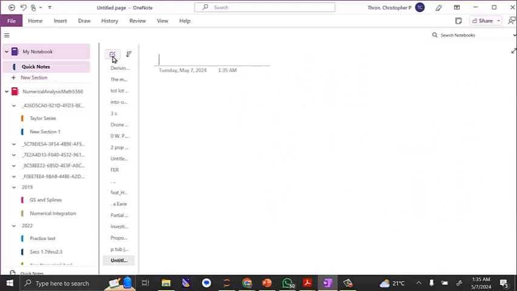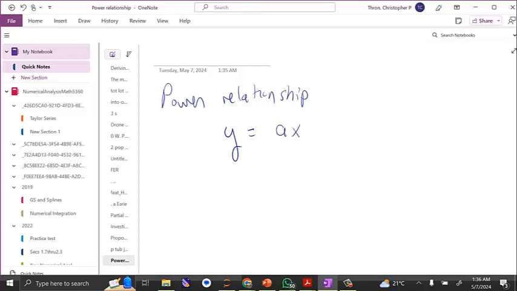So if I take a power relationship, like y equals a x to the b, if I take logarithms, then I get log y, and I don't care what base log it is.